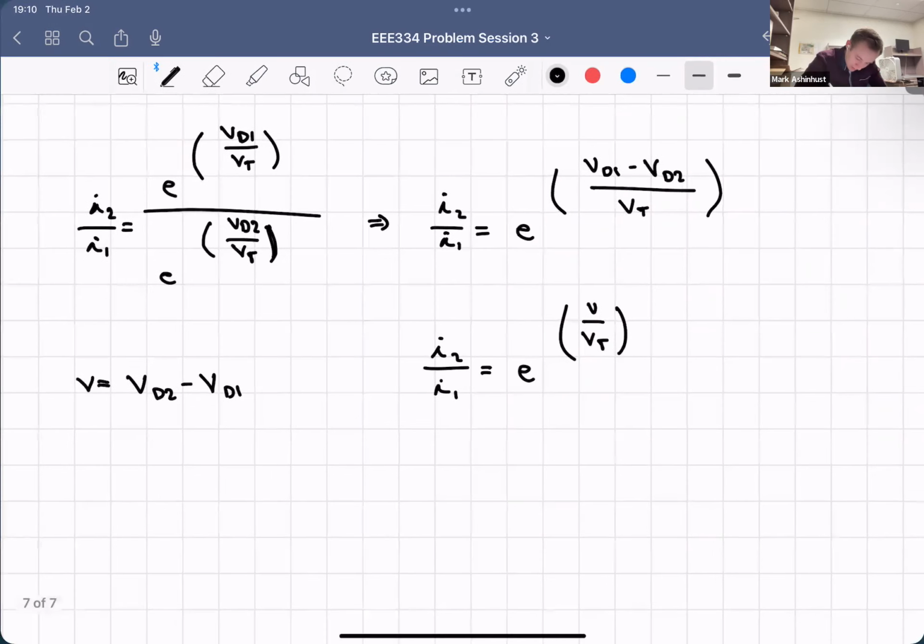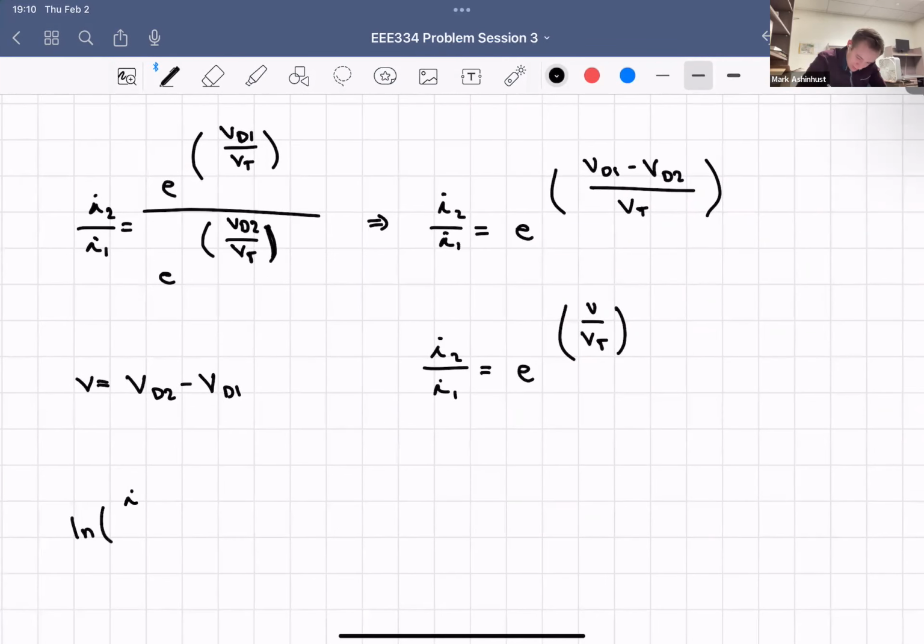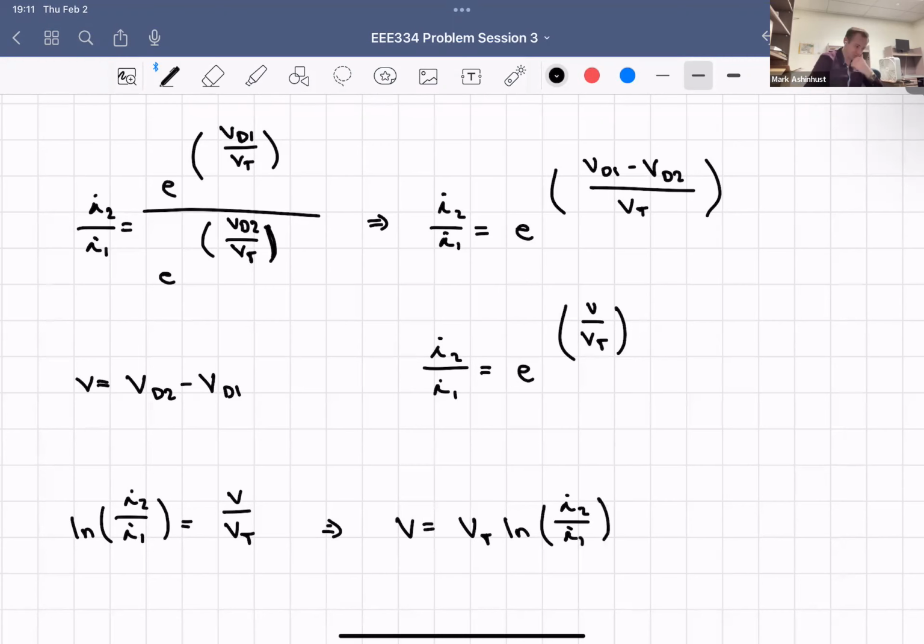Use natural log. Then natural log of I2 over I1 is equal to V over VT, which means V is equal to VT natural log I2 over I1.